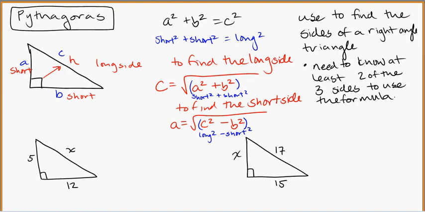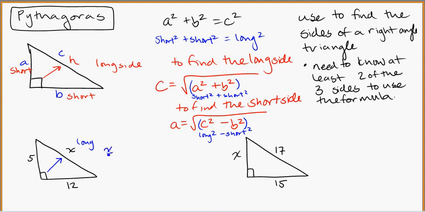So as two examples for us, in this case, the first thing we want to look at is that we've got an unknown here, and it is the x, and that happens to be on the long side of the triangle. So when we're trying to find the long side of the triangle, we're going to use the formula where we add the two together.